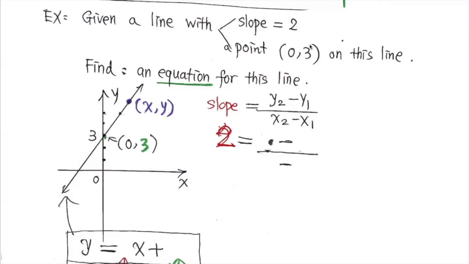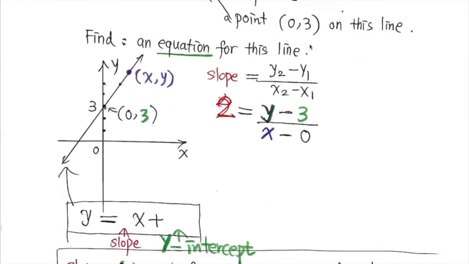Over here, y2 will be y, so let's label this y2 and this is y1. So y2 minus y1 will be y minus 3, and x2 minus x1 will be x minus 0.